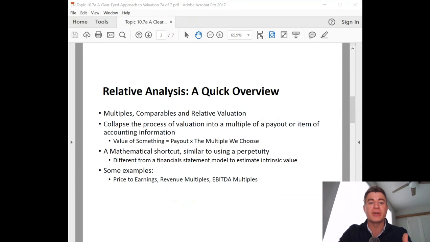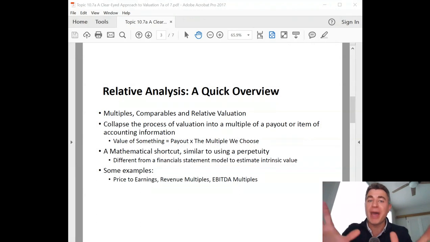The general idea here is, what is this called? Relative valuation, which is also called using multiples or comparables or comparable analysis or comparable multiples-based valuation. Different ways of saying the same idea. We're basically trying to collapse the process of valuation into a multiple of a payout or some other item of accounting information.